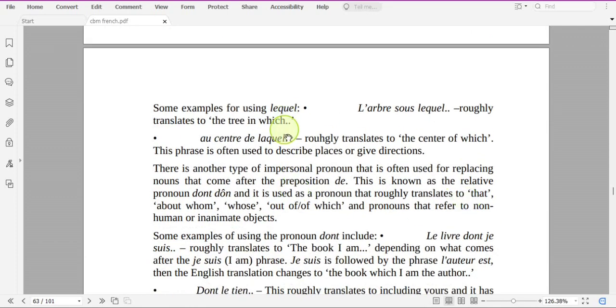Just browse through these quickly. Is that understood? Okay, let's move on.